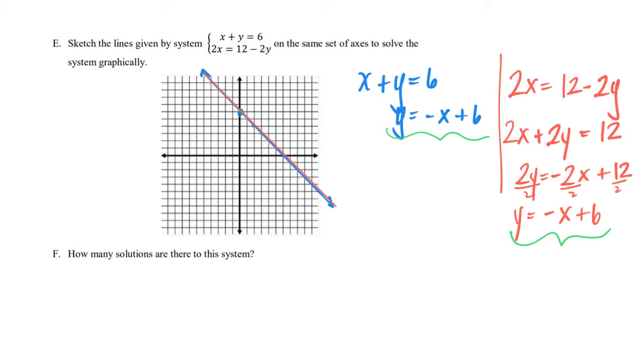That being said, all of the ordered pairs on the blue line and all of the ordered pairs on the red line are the same, which means these two equations, the ones that were given in the original system, are going to overlap, meaning that there are infinitely many solutions.